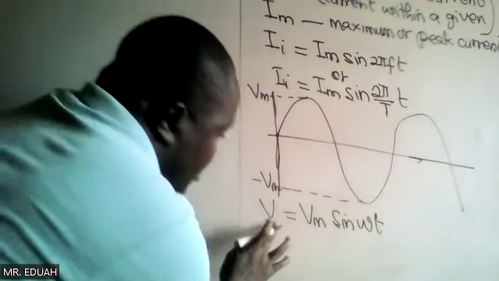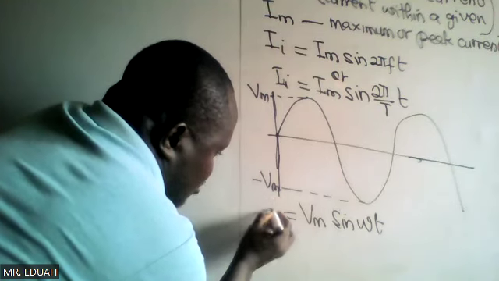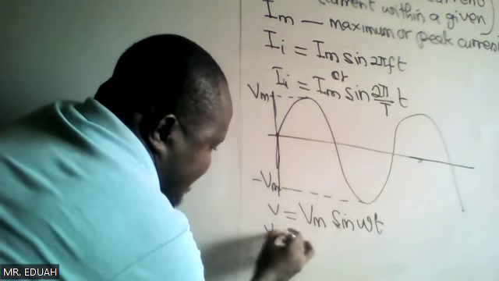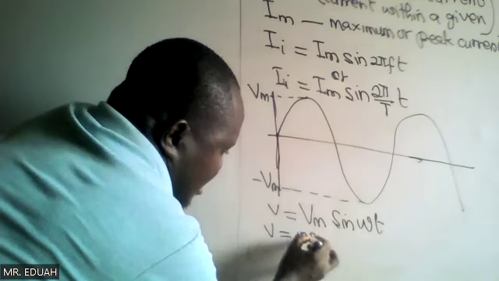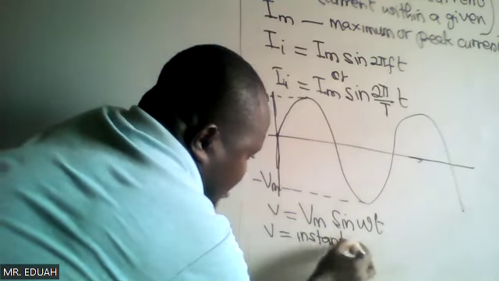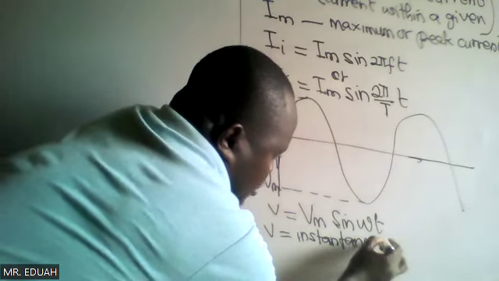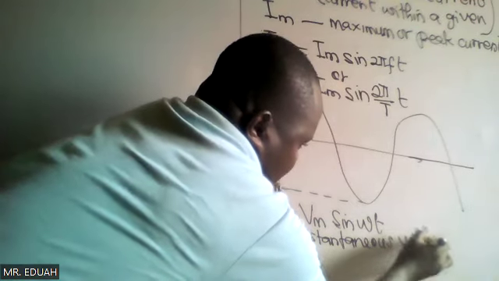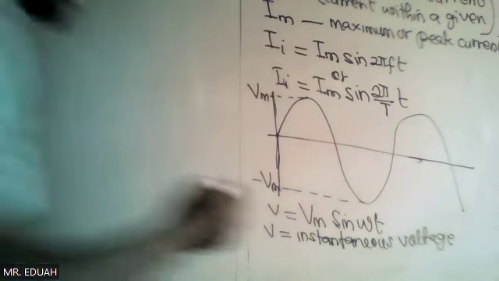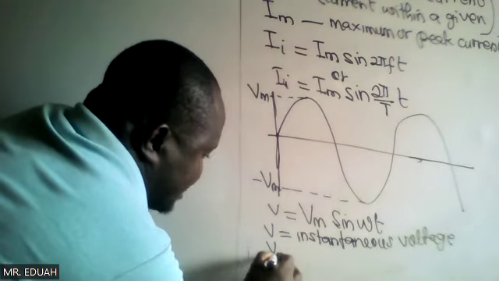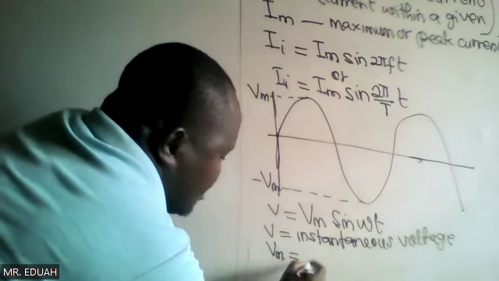where v, usually represented as small v, is the instantaneous voltage. And then Vm is the maximum voltage or the peak voltage.